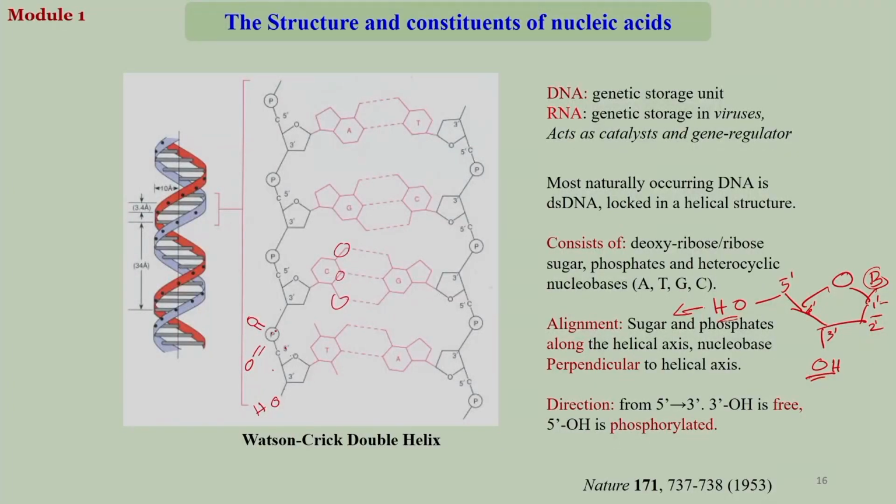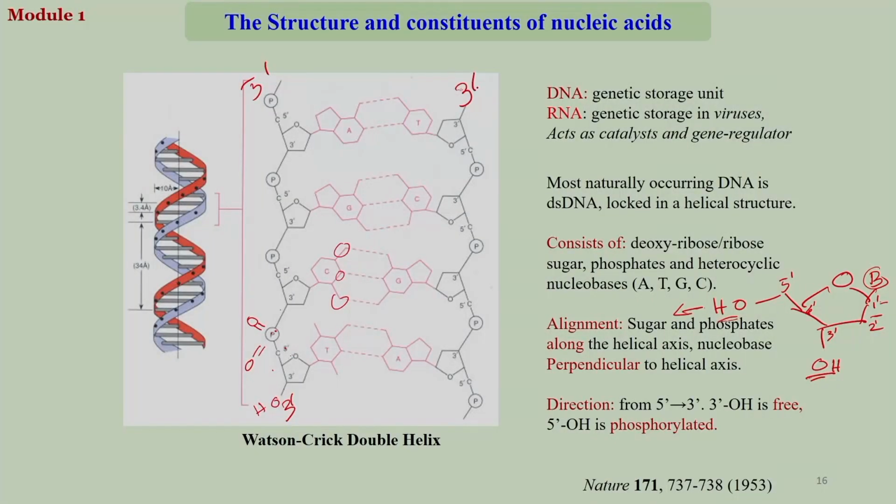Moreover, they found out that if you keep the second strand in the same direction, this is 3 prime direction, this is 5 prime direction, then the nucleobase in this strand and the nucleobase in the other strand do not come into hydrogen bonding distance.